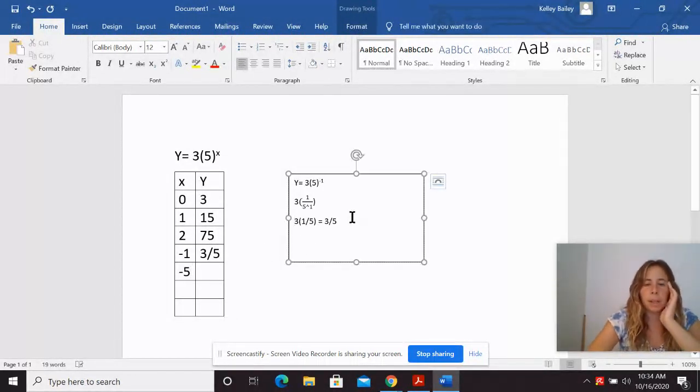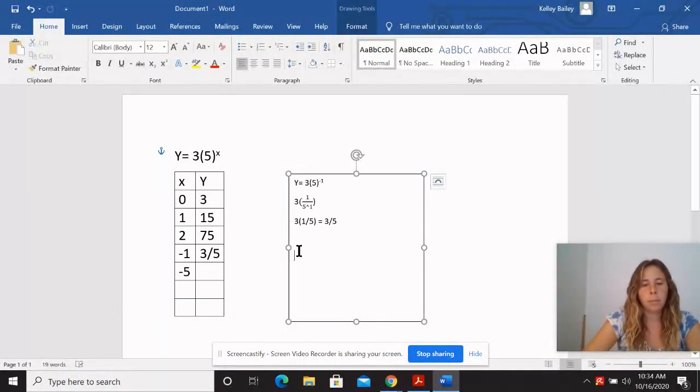Okay. So you would do what? Y equals 3 times 5, and then we're raising that to the -5th power.